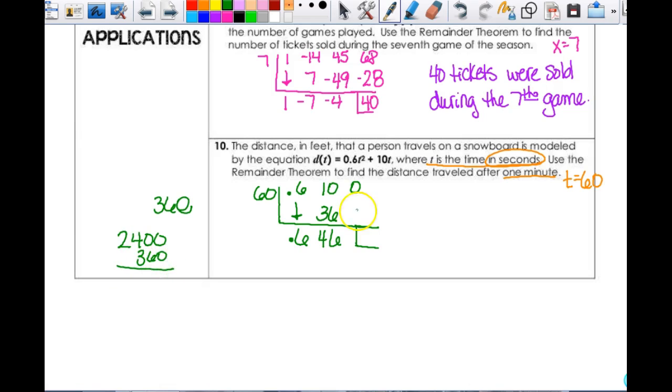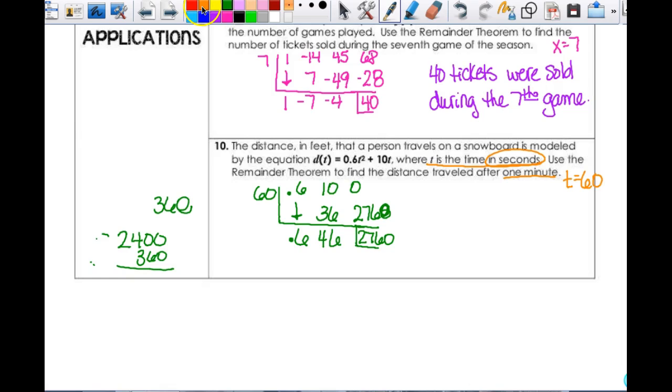Together, that's where I get 2760. Then I add that to 0, so it's 2760. Just learn how to simplify things for yourself. Especially with numbers like this, I would write them down off to the side so I don't lose the number in my brain.